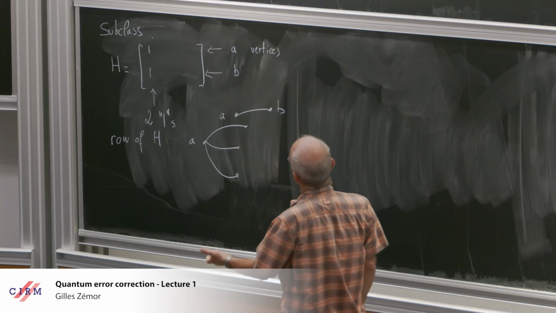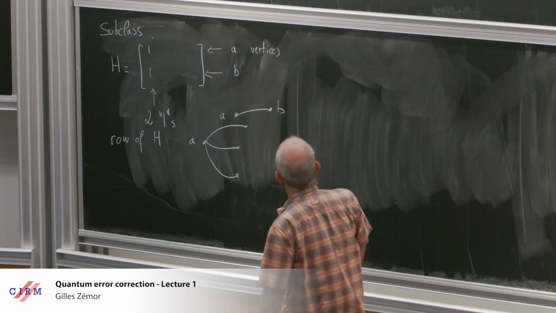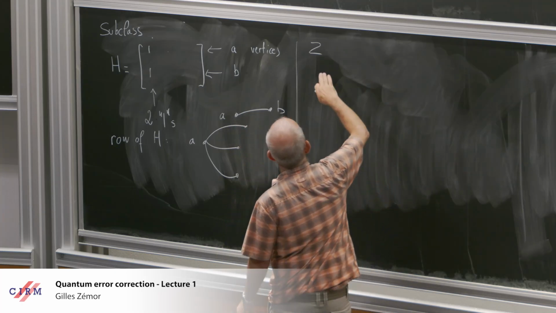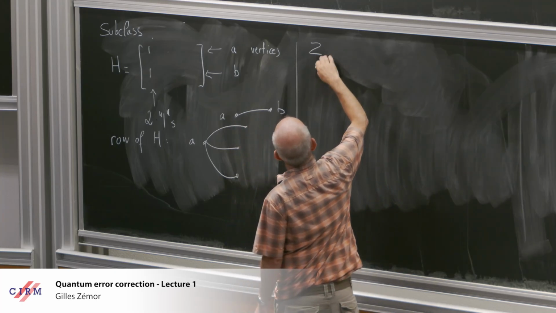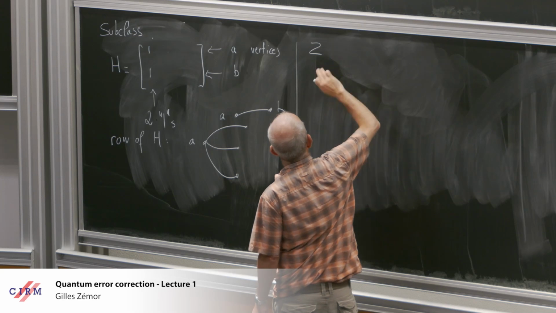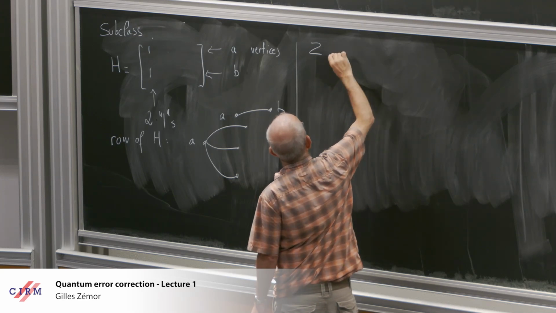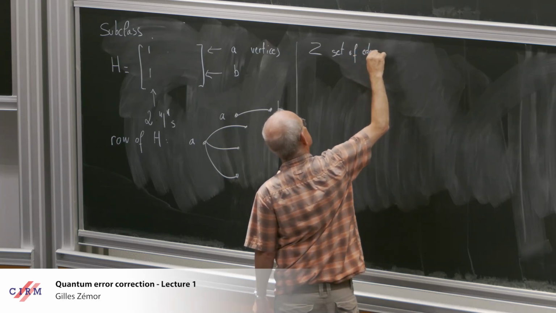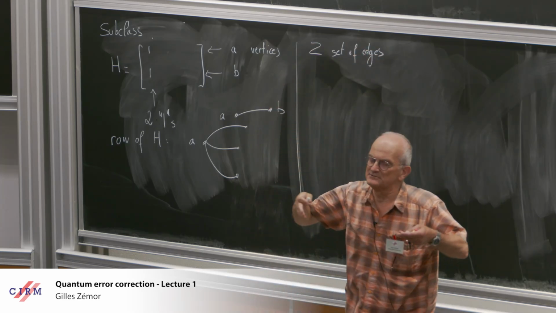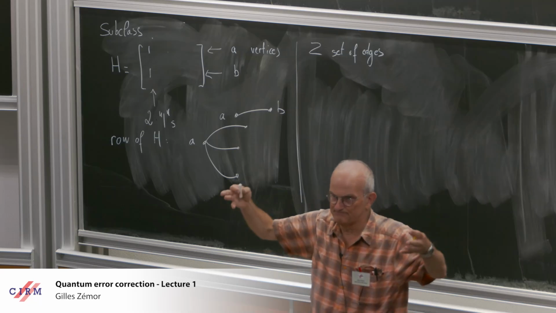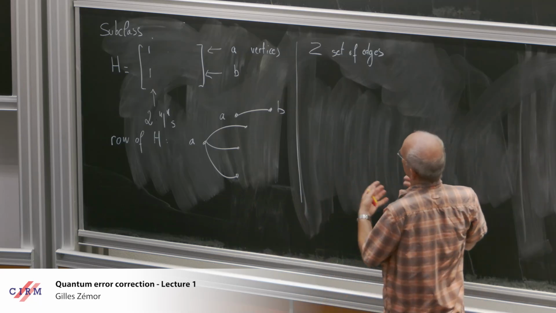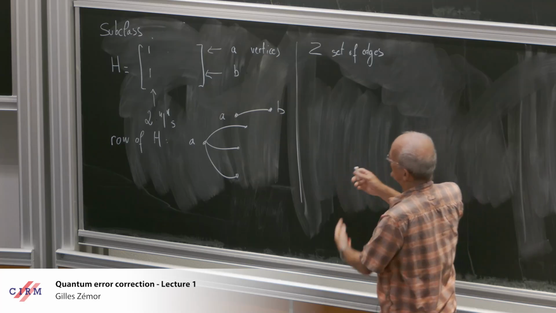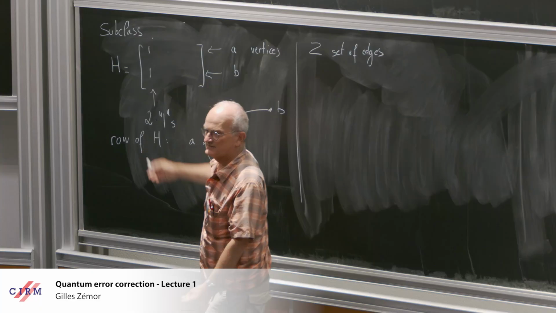And now what is a code word? A code word is something with 0 syndrome. So it corresponds to a set Z of edges. So it's a 0, 1 vector, right? You can think of its support as the set of positions where it is equal to 1, and these positions, we've just said that they're edges in the graph.